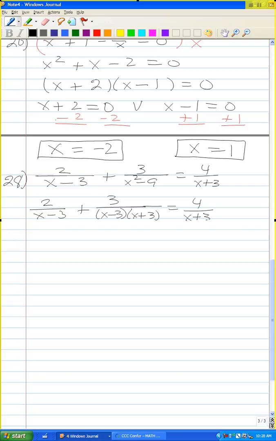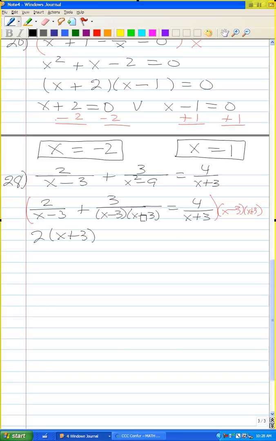And so I can multiply both sides of my equation by the least common denominator. In this case, we have x minus 3, we have x plus 3. So it's x minus 3 times x plus 3. The x minus 3's cancel, so you just have 2 times x plus 3.